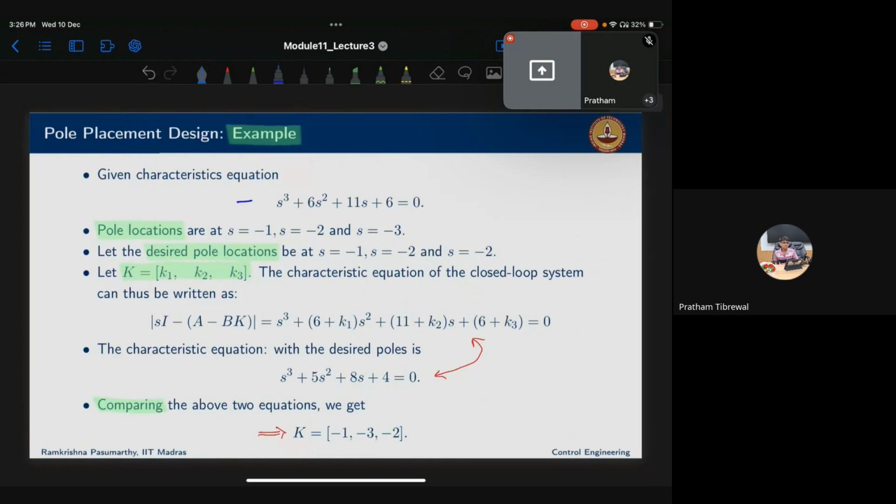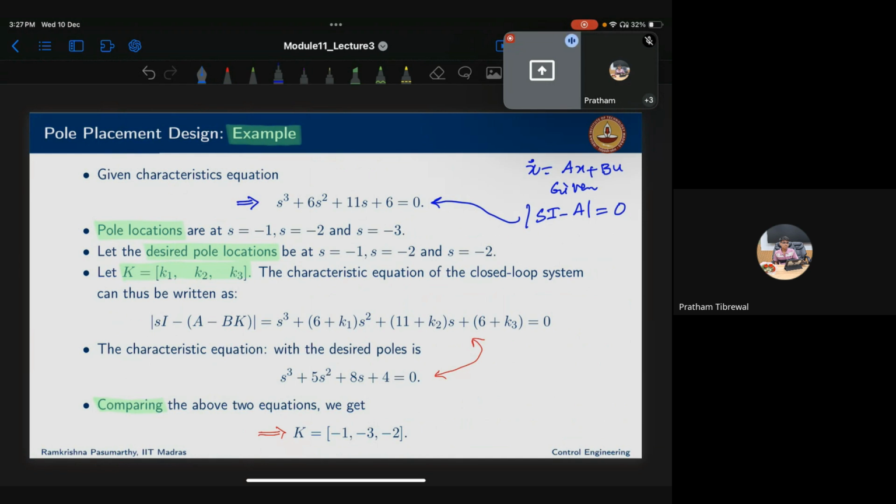First, the characteristic equation is given. It means that x dot is equal to Ax plus Bu is given to you. If you take det(sI minus A) equal to 0, that leads to s cubed plus 6s squared plus 11s plus 6 equal to 0.